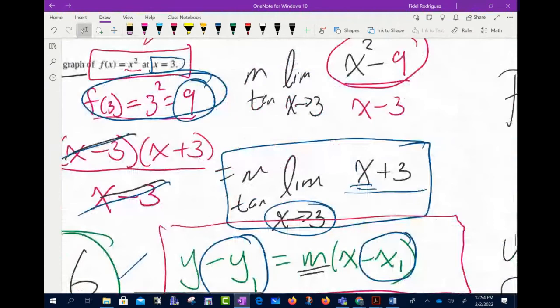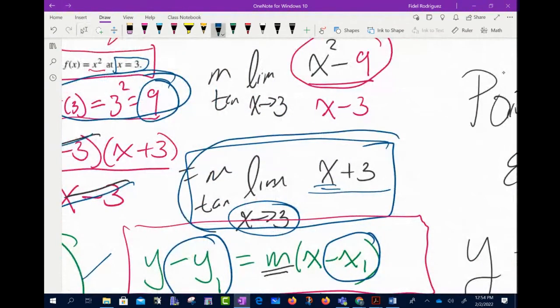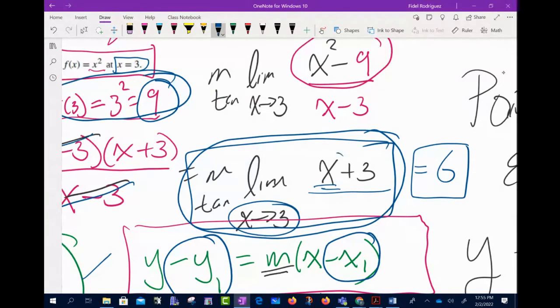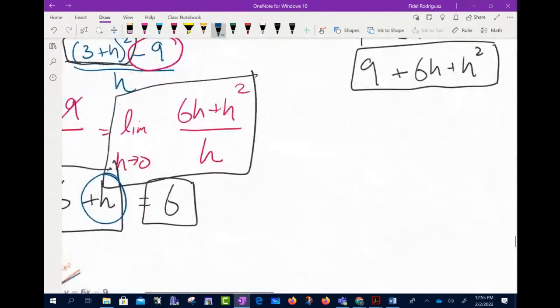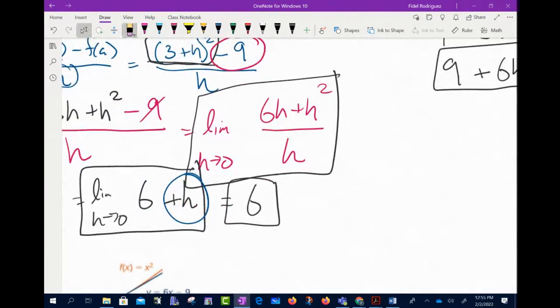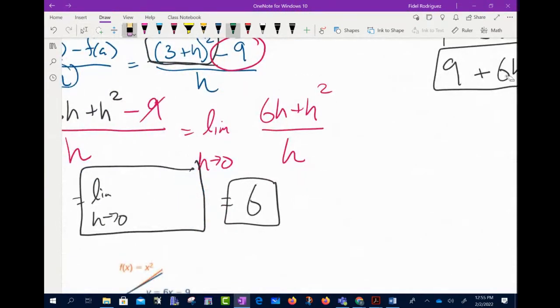When we were over here, and we were doing this part, and we were taking the limit as x approaches 3 of x plus 3, didn't we say our answer was 6, right? Because if you're taking the limit, aren't you essentially plugging in values that are closer and closer and closer to 3, right? So if you take a number that's really close to 3 and you add 3 to it, wouldn't that limit be 6? Okay, so now let's come back over here. If I'm taking the limit, and let me do it like this so that I can clean it up a little bit.